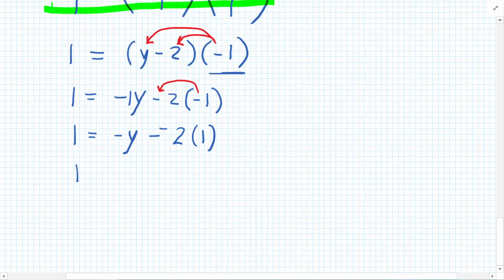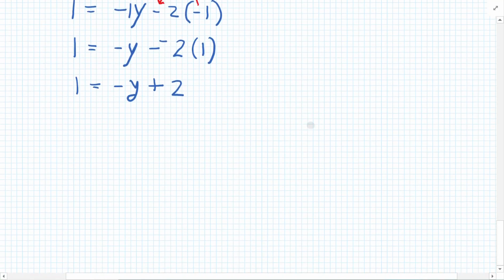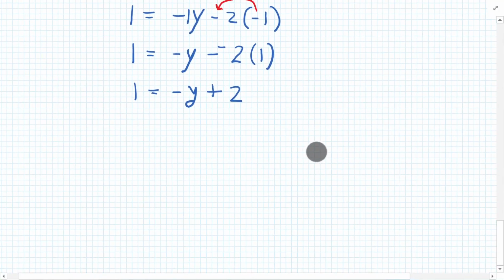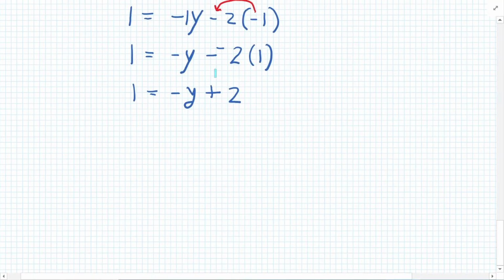So here we have 1 equals negative y minus a minus is a positive. And 2 times 1 is 2. Okay. There we go. That's all on one line.